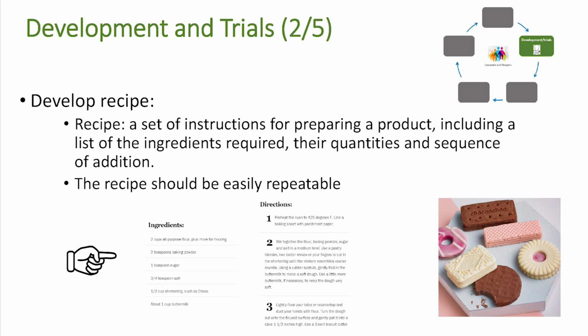And what is important in a recipe when it comes to food production is that it has to be easily repeatable. Anybody should be able to repeat it. When you read it, you should be able to repeat it. It should not be something complicated. It has to be add this, put this, heat to, you know, something very easy.